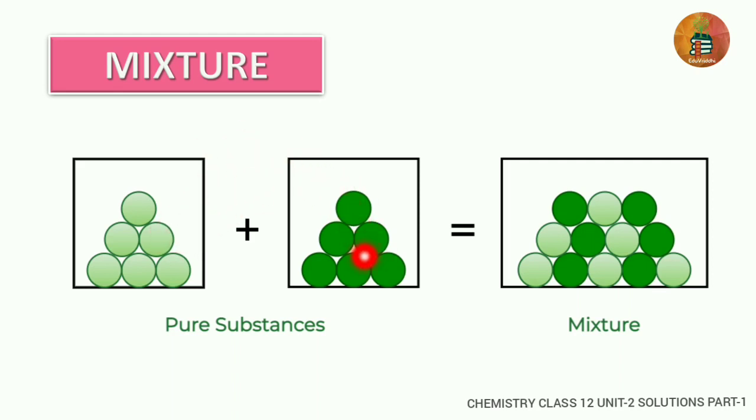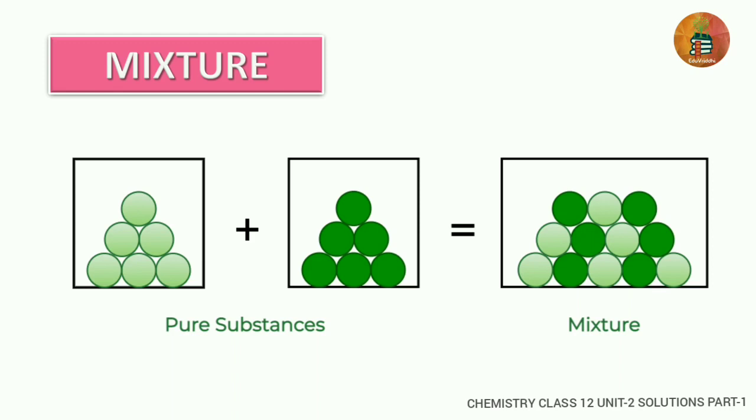Minimum is 2. You can mix more than 2 substances also. So to get a mixture, you should mix minimum 2 pure substances. So a mixture is a substance which is got by mixing 2 or more pure substances.